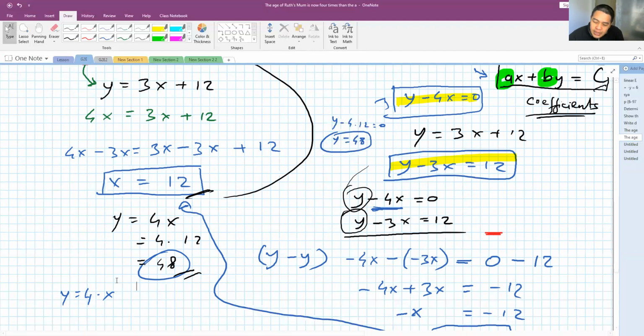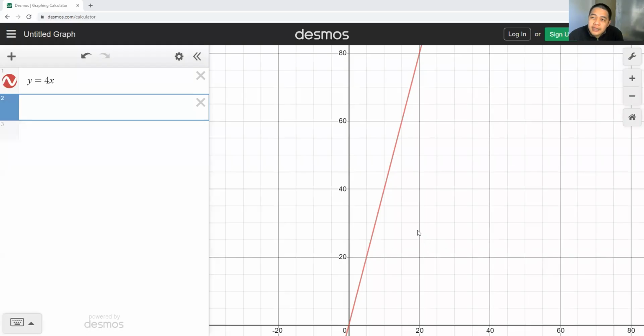But the second way, when you want to verify if the answer is correct or not, we can also check with a website like Desmos, right? So this is the website, yeah, and see what I draw here.